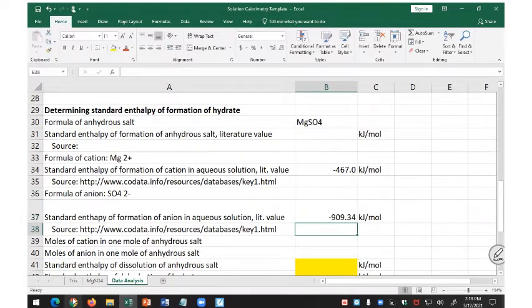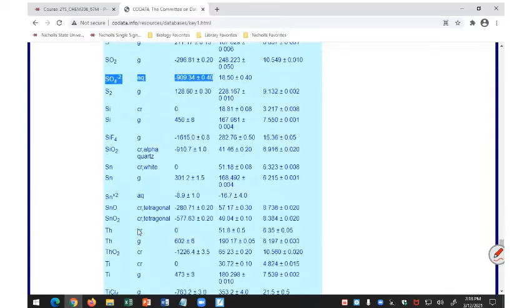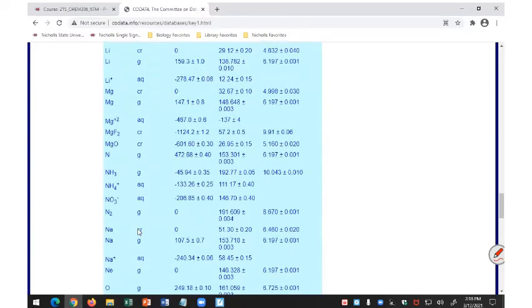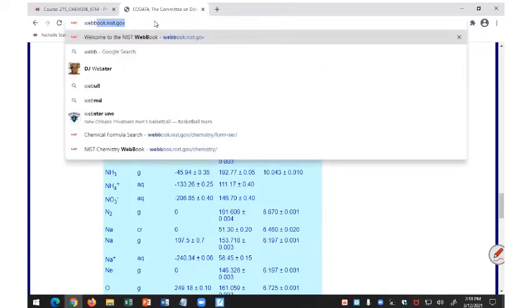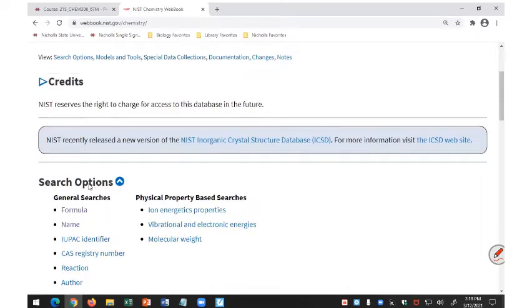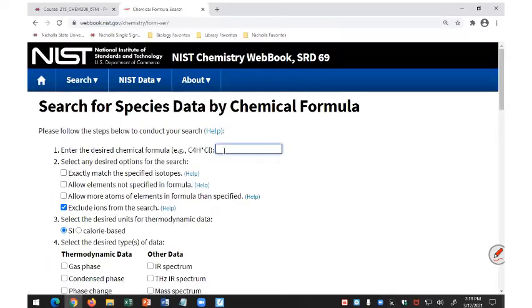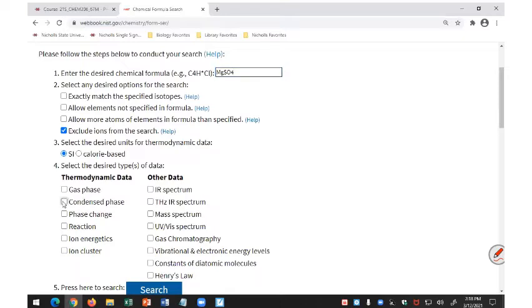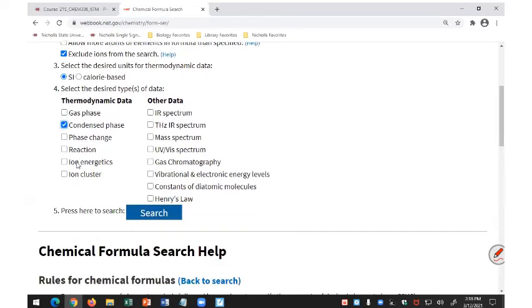Okay, where can we find magnesium sulfate? It's not here. So let's try webbook.nist.gov. Chemistry webbook. Let's do a search. Formula, MgSO4. Condensed phase data. Reaction data maybe.